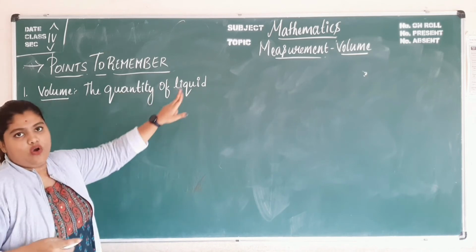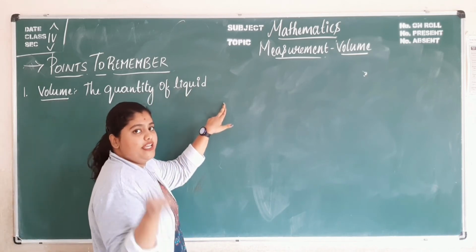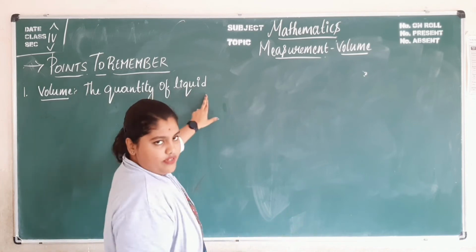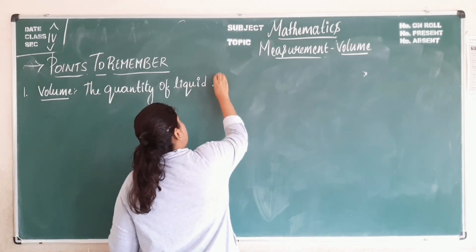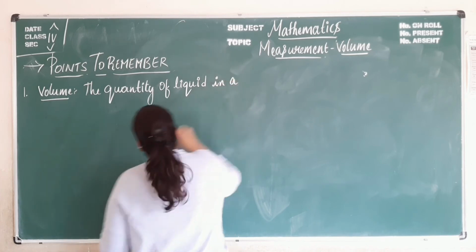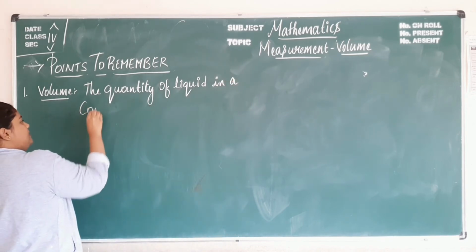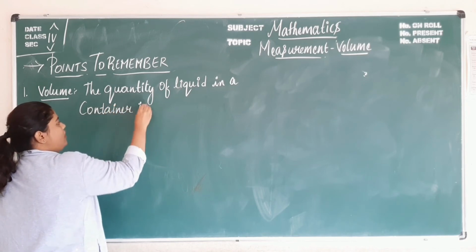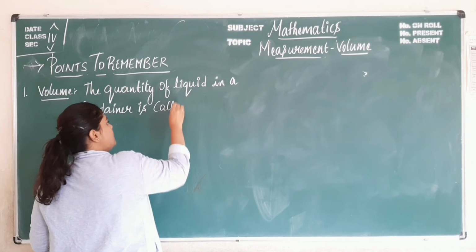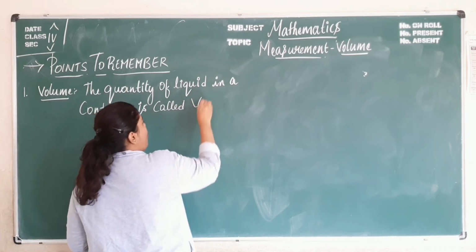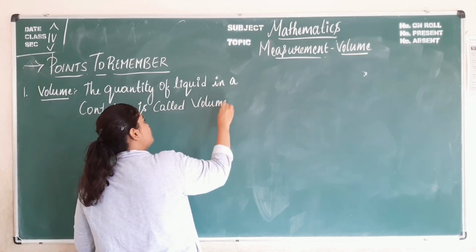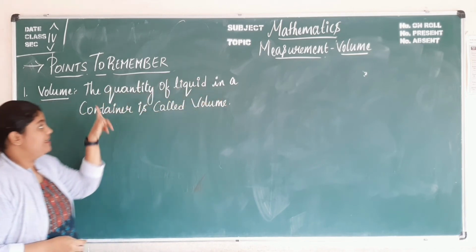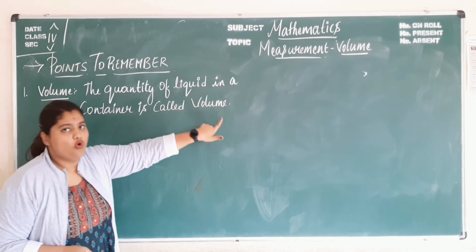Instead of writing a bottle, we consider it as a container. So the quantity of liquid in a container is called, yes, volume.